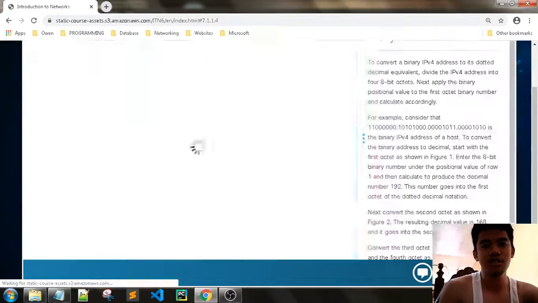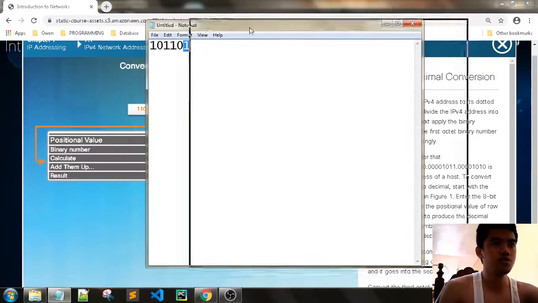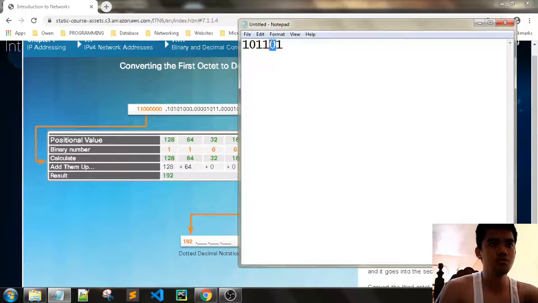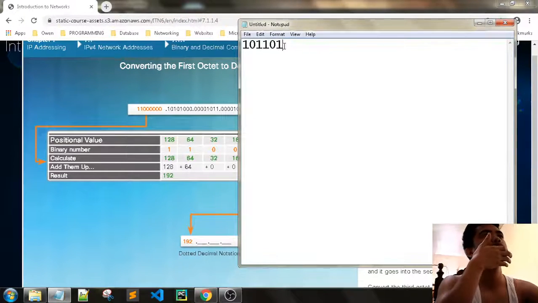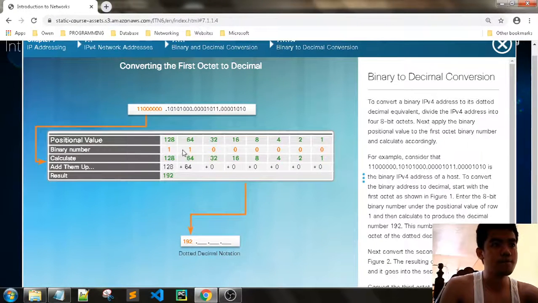We have the positional value: this is the position value 0, 1, 2, 3, 4, and 5. You just need to set that as the exponent.